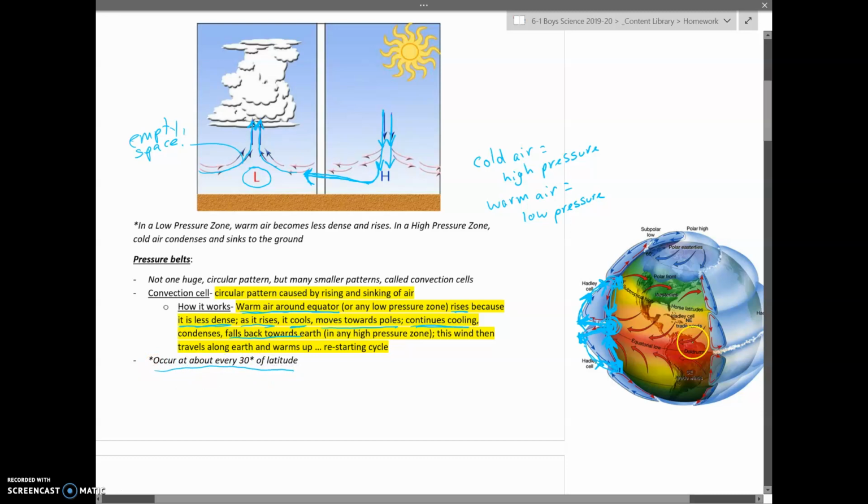of latitude. So you know a little bit about spheres, that from this pole to this pole, halfway across the Earth, that's 180 degrees. 180 divided by every 30 degrees of latitude means that there are 6 pressure belts.